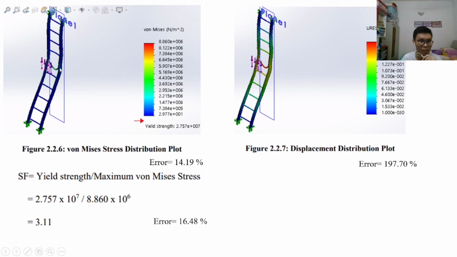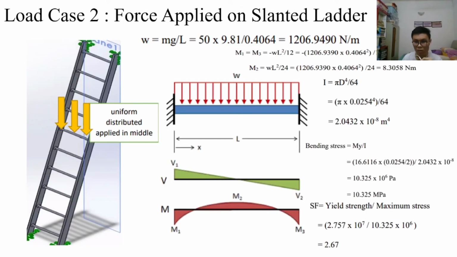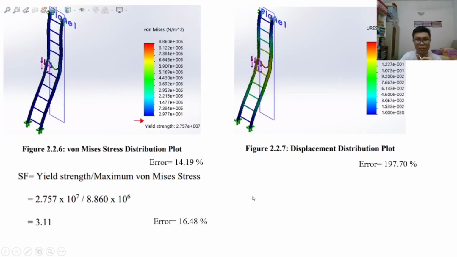It is not very clear, but it is here and here. Comparing to the actual maximum stress we calculated earlier, 10.325 megapascal, the error from the simulation is only 14.19%.